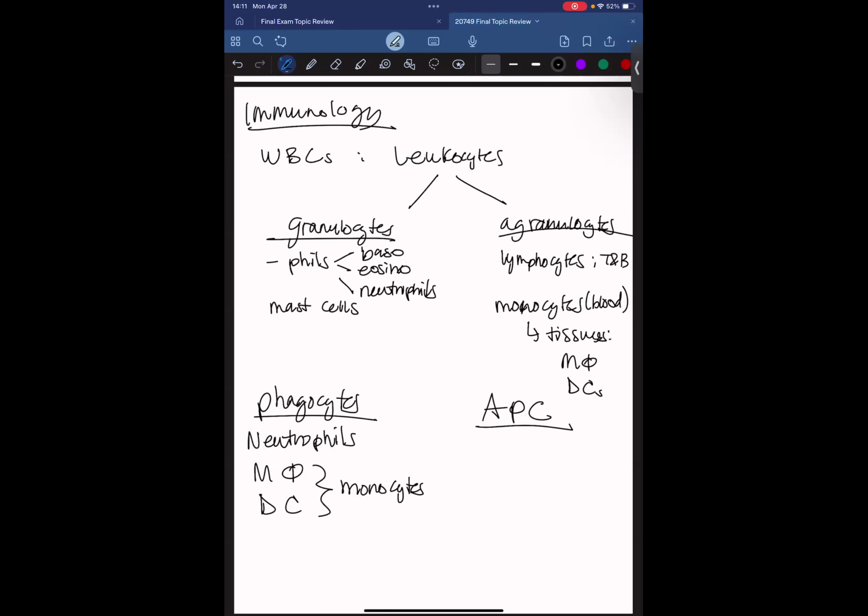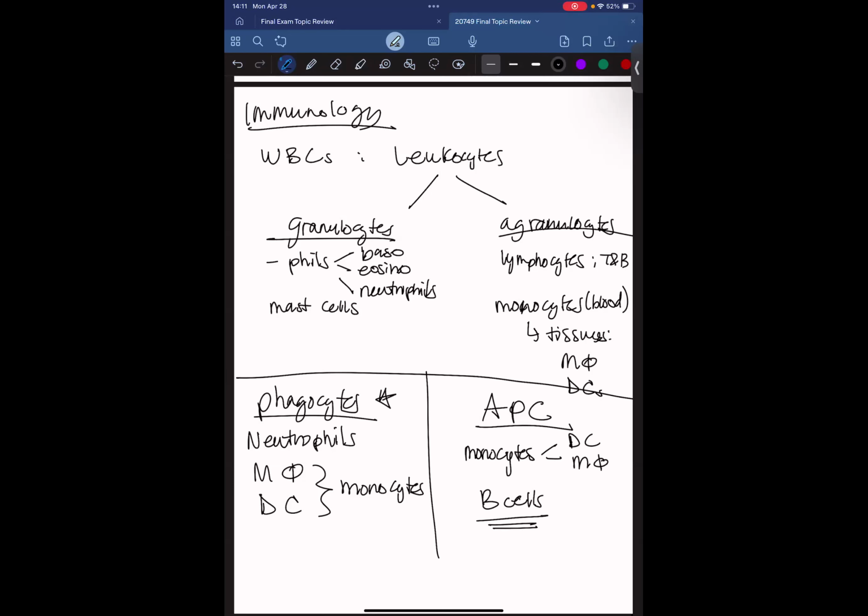Our antigen-presenting cells are monocytes and their derivatives, as well as B cells. So B cells are not phagocytes, and neutrophils are not antigen-presenting cells.